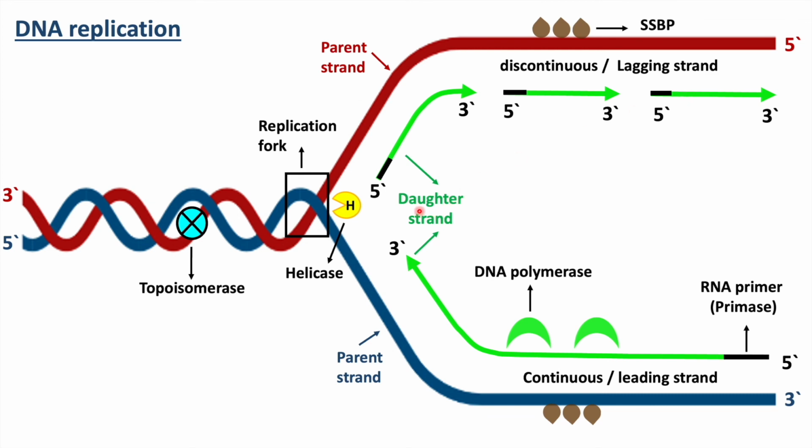Now the lagging strand has these fragments of DNA strands which are called Okazaki fragments, and eventually these DNA fragments are sealed with the help of DNA ligase enzyme to finally complete the synthesis of the lagging strand.